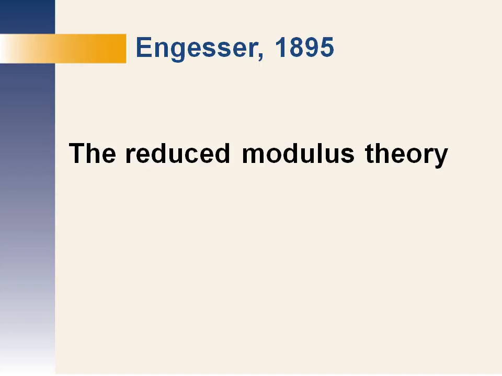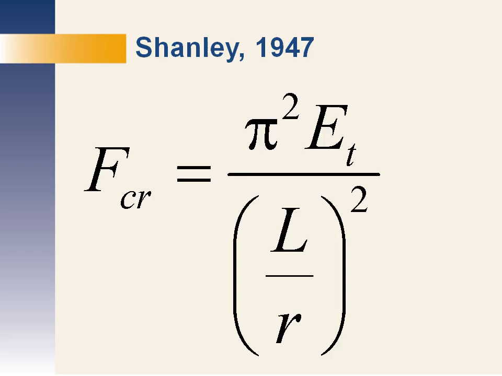This was more of a lower bound on the prediction of the column buckling strength. This was used as the correct column buckling theory until 1947 when Shanley published the tangent modulus buckling formula, and the tangent modulus was intermediate between the tangent modulus and the reduced modulus theory.